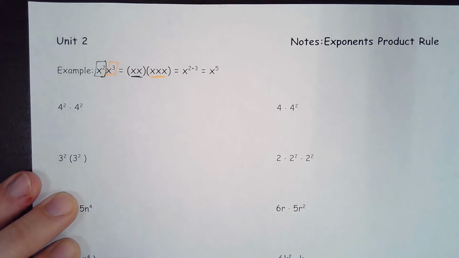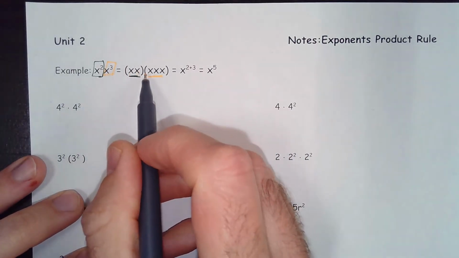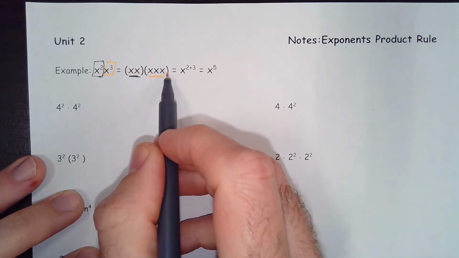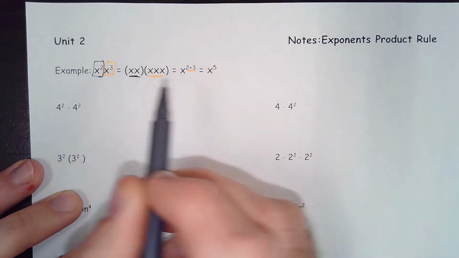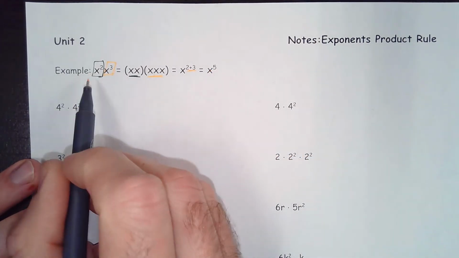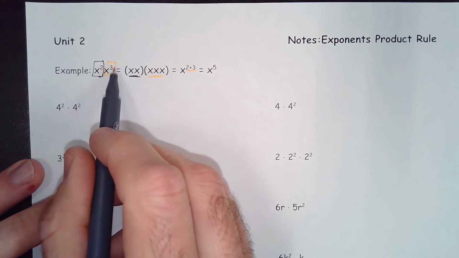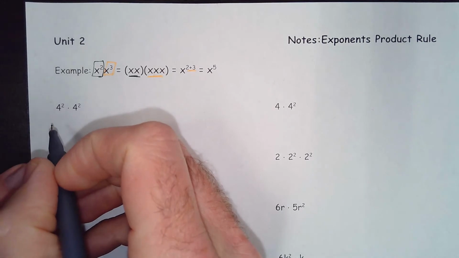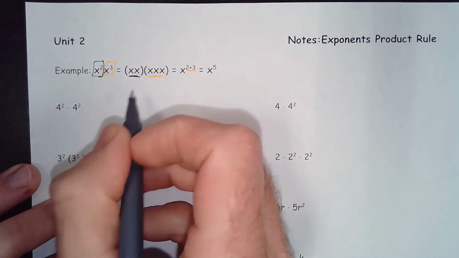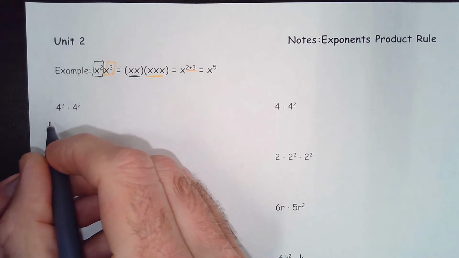Then if we put this back into exponent form, we count how many x's there are: 2 plus 3 equals 5. So when we are multiplying exponents like this, the product rule tells us we can just add the exponents. When we're first starting, I think it's much easier to expand them out like this, so that's what we're going to do on all of these.